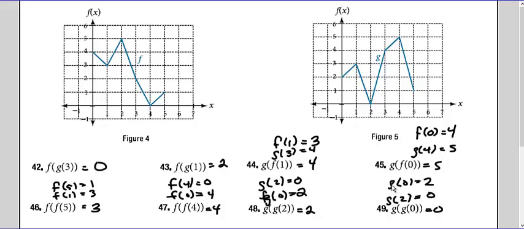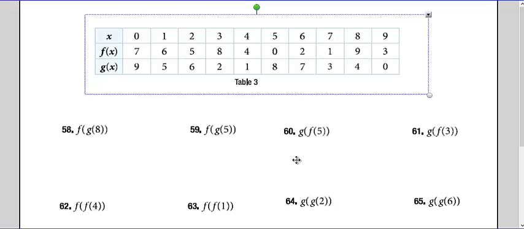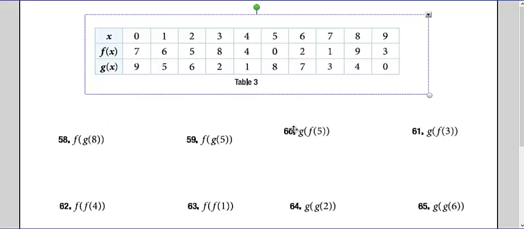So you can see how we take the inside function, just go to the graph, take the output of the first function and apply it as the argument for the second function. In this case, we do the same thing. We just use tables instead of graphs. So let me leave a little space here so we can do our intermediate stuff.